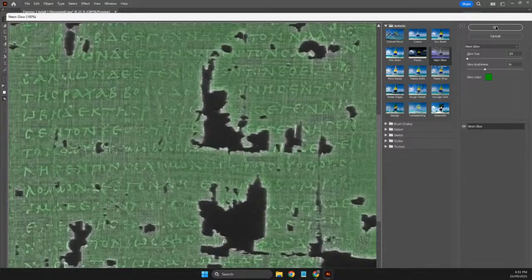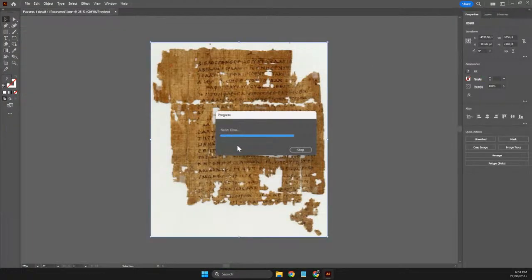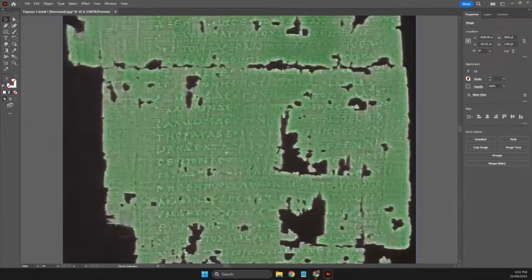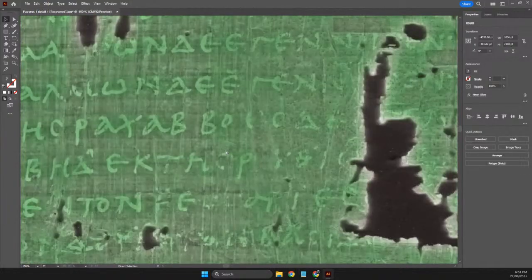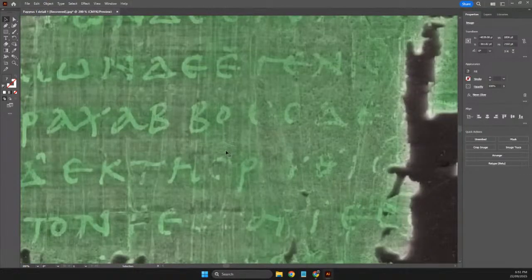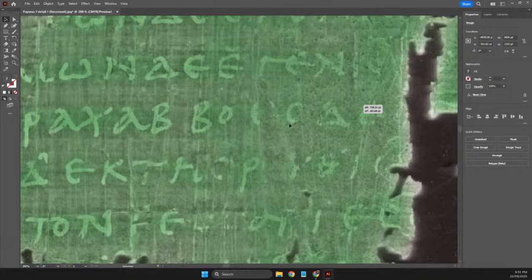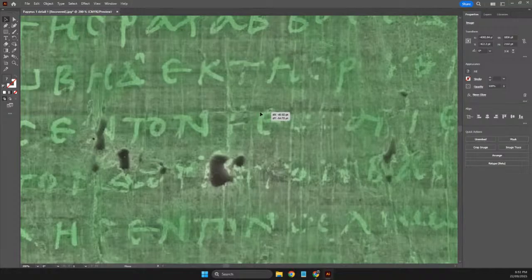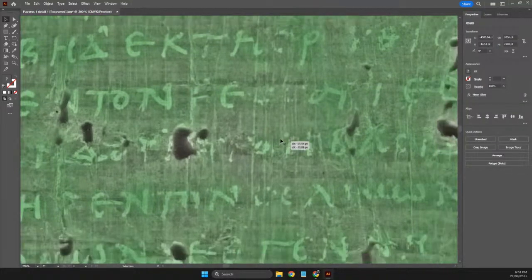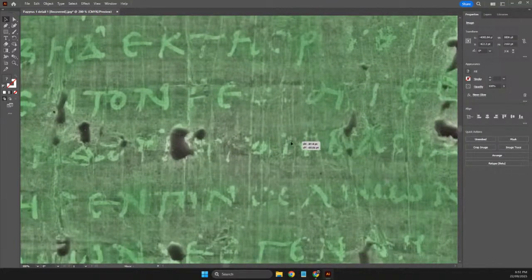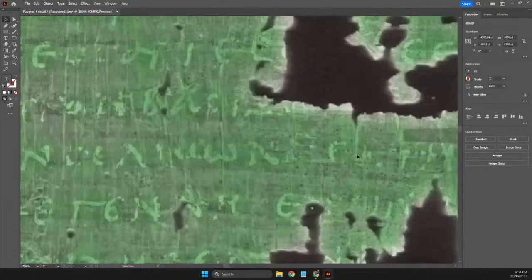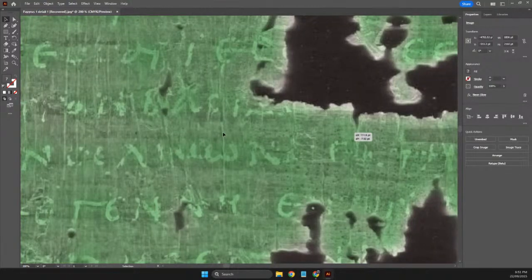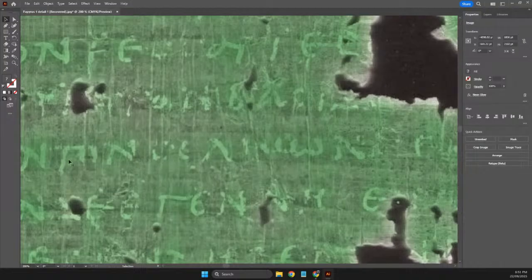So maybe what I'll do is zoom in like that. Okay, so this is where it says ton. It's got the sigma for Solomon.